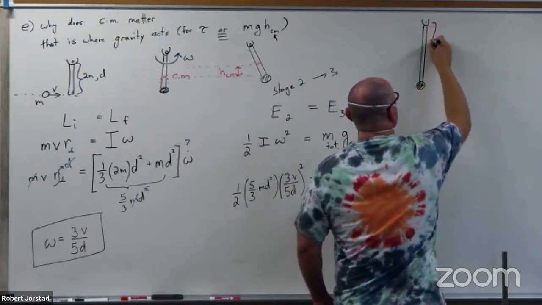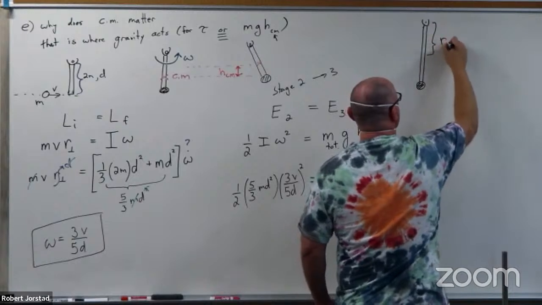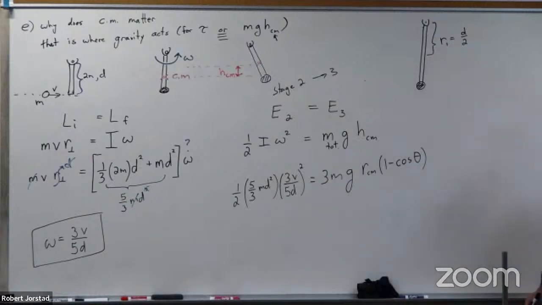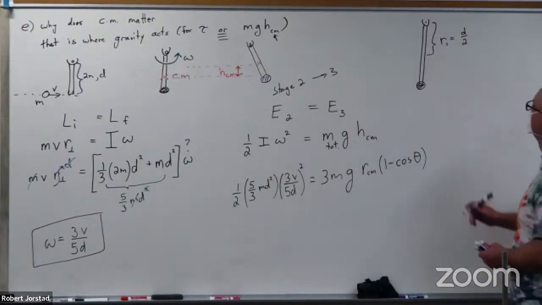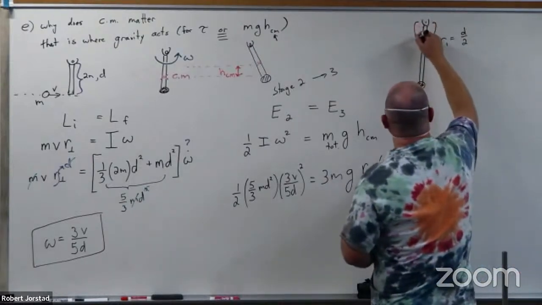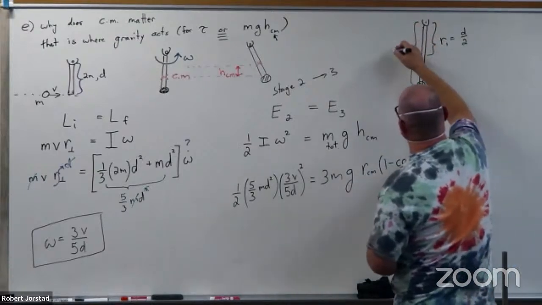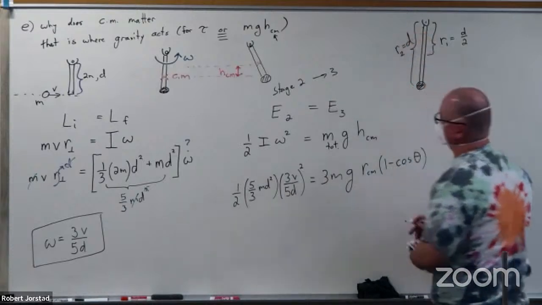So the radius for the rod is going to be d over 2. The radius for object 2, the point mass, is going to be d, the entire length of the rod.